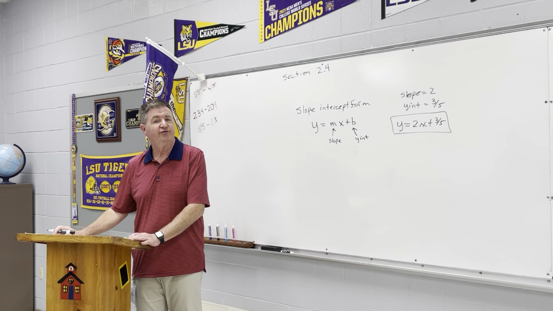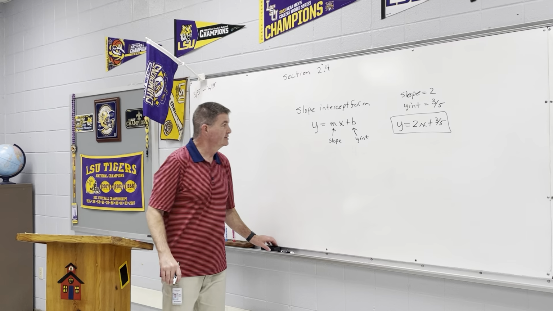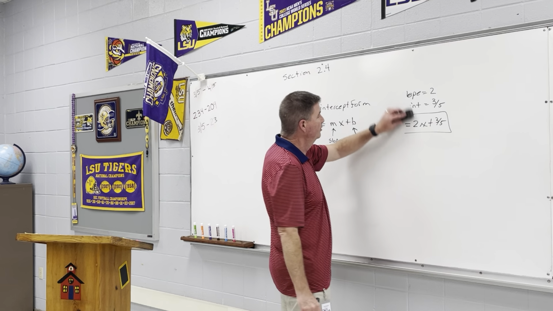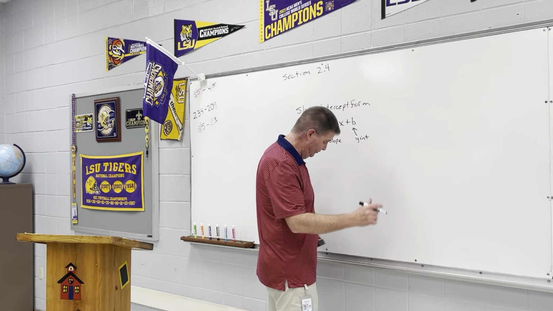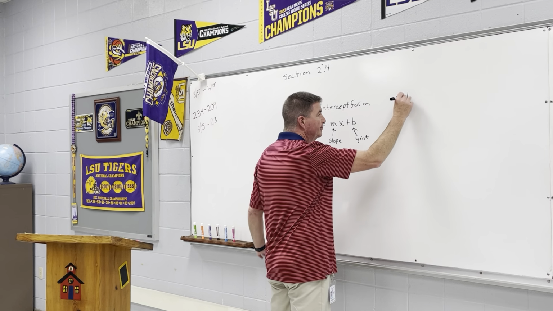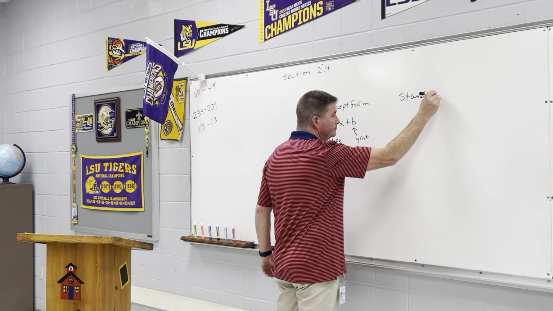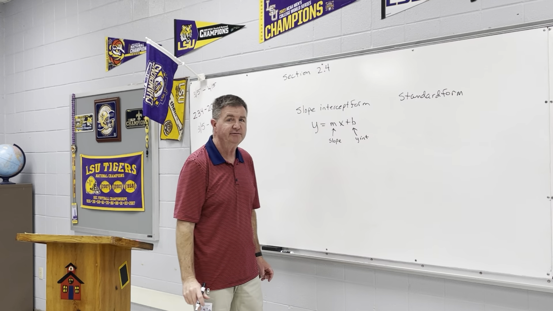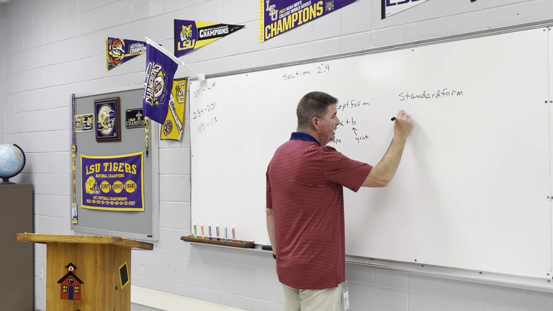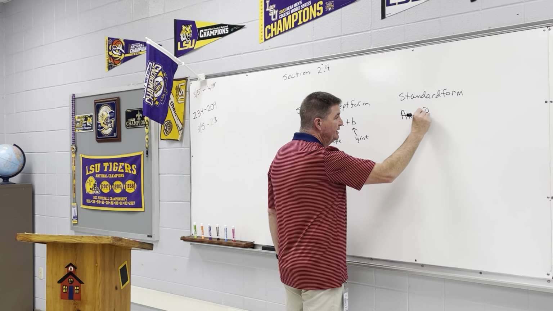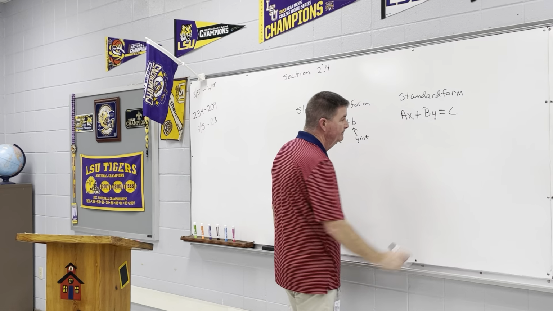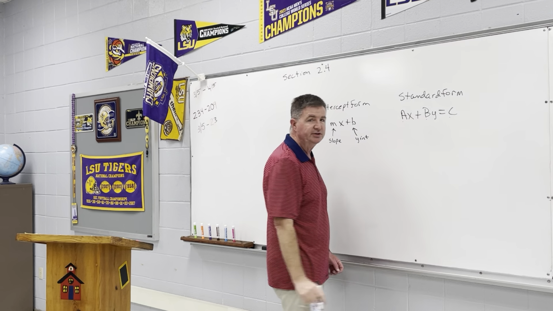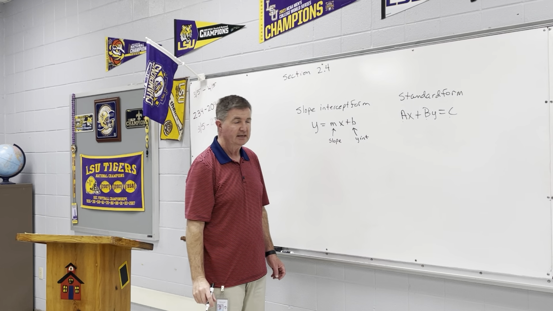We have different forms of the equations. This is the slope-intercept form, but that's not the only form. We also have a standard form. The standard form of an equation of a line is ax plus by equals c, where a, b, and c are just coefficients.